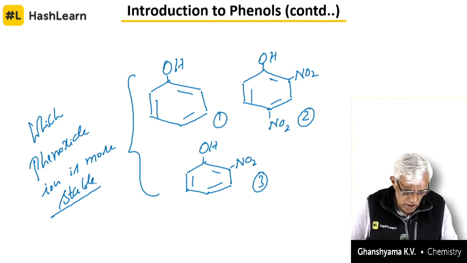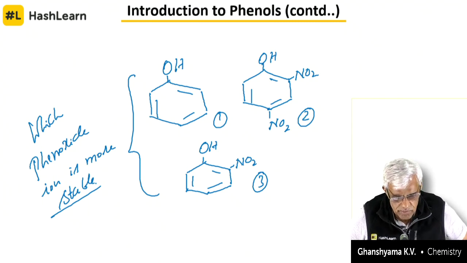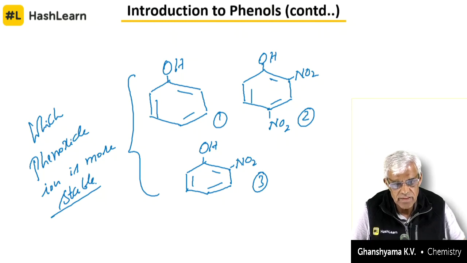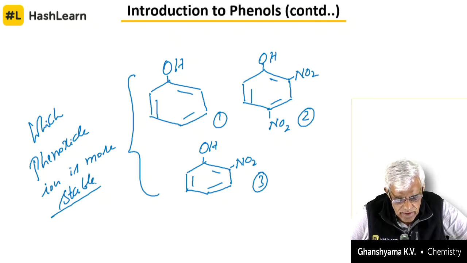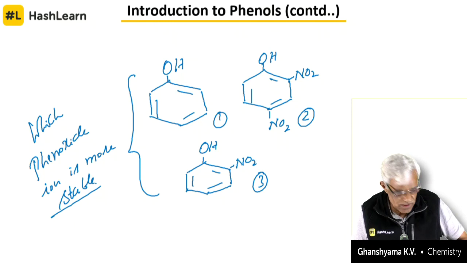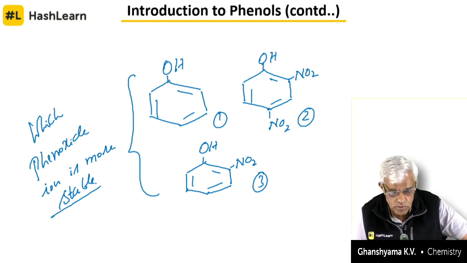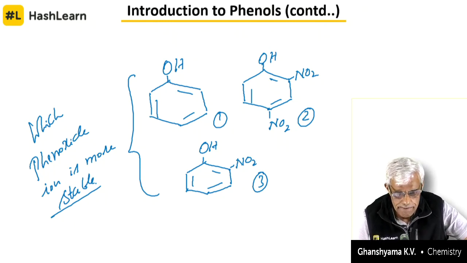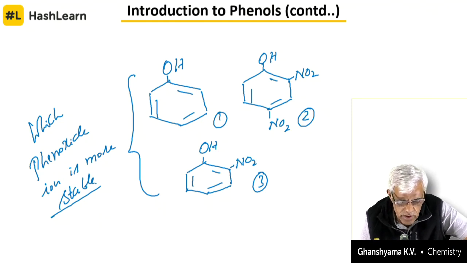So, anybody? Which phenoxide ion is more stable out of the three? Yes, quick, it is time up now. In the next class, I will take up preparation of phenol.